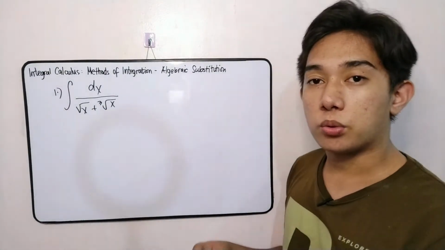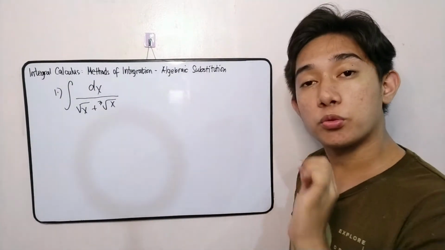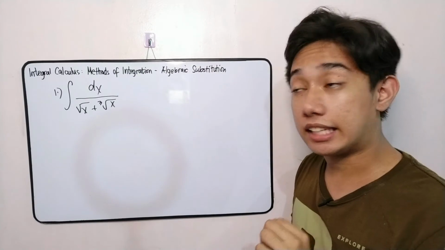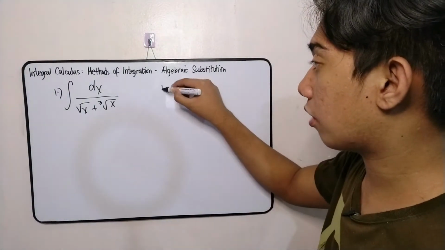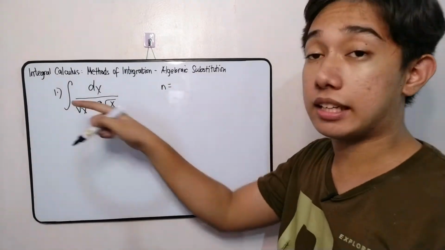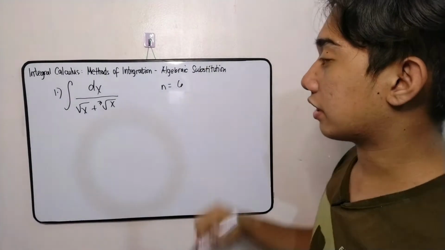So with this one, the first thing that we need to do is to locate or to find the value of the LCD. So what is the LCD of the exponents? It is obviously 6 because this square root has an index of 2 and this one has an index of 3. So the LCD is 6.